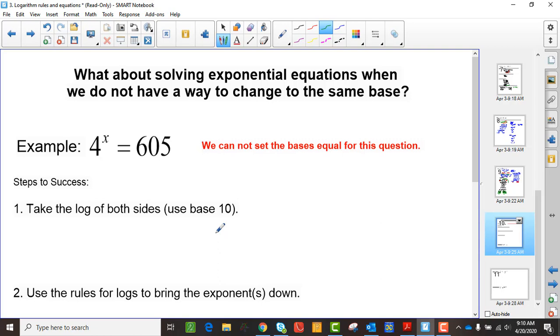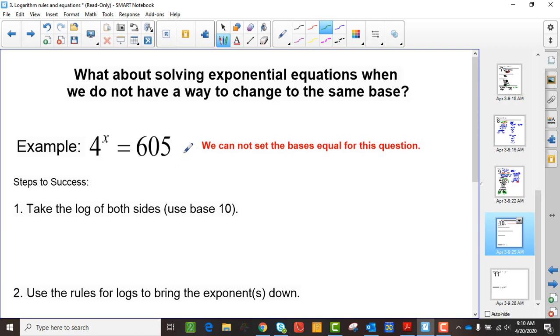So you might say, well, okay, we know how to solve log equations, but what about if I never have a log equation? One of the biggest uses of logarithms is actually to solve exponential equations. So you remember when we were doing exponential equations before, we said try to get the base to be the same. And the thing is, you can't write 4 to some power to give you 605 in this case.